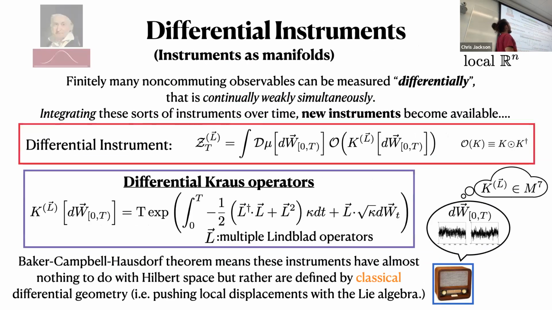Okay, so finally I can define for you what a differential instrument is. A differential instrument is doing that kind of measurement over and over and over again, i.e. continually. This is the same slide I showed you before, but maybe you have a better sense of it now.